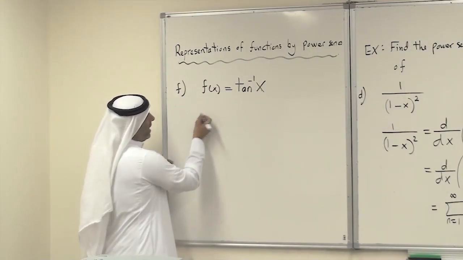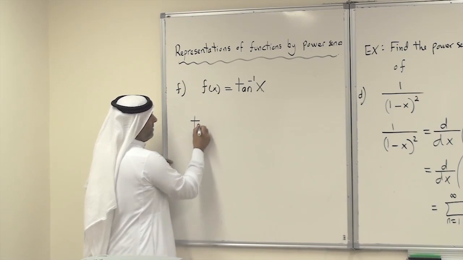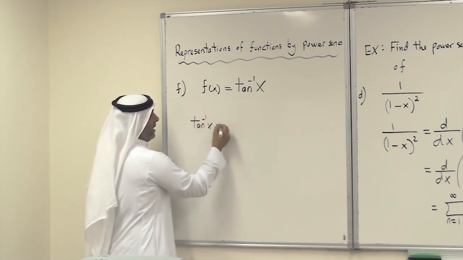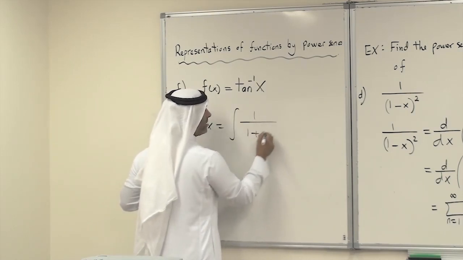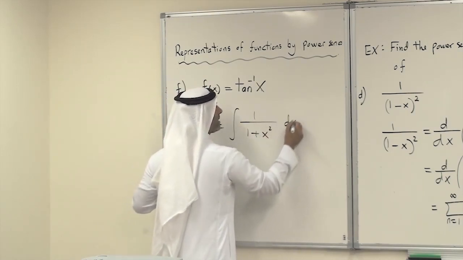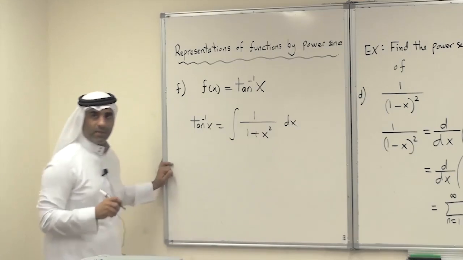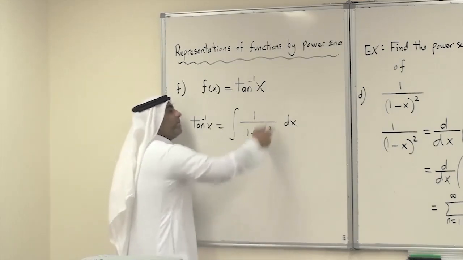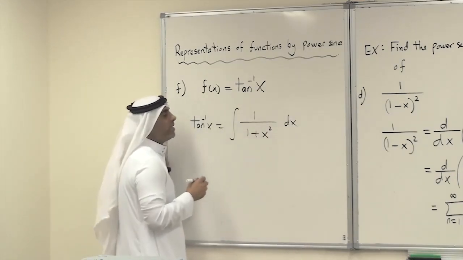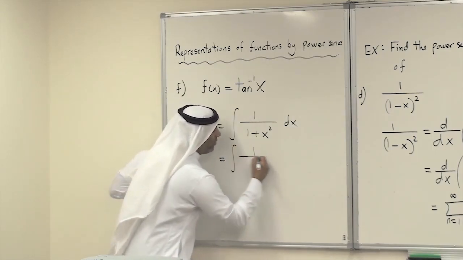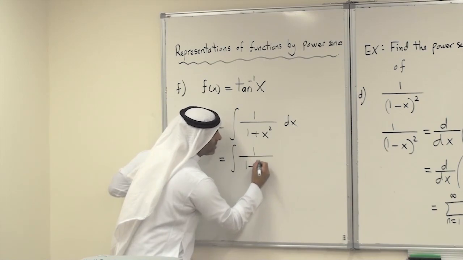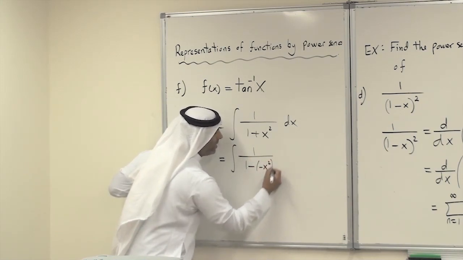So I will look for tangent inverse of x as the integral of 1 over 1 plus x squared dx. I know that this is the integral of this. The question is, can we represent this by a power series? The answer is yes, because I can rewrite it as 1 over 1 minus (minus x squared) dx.